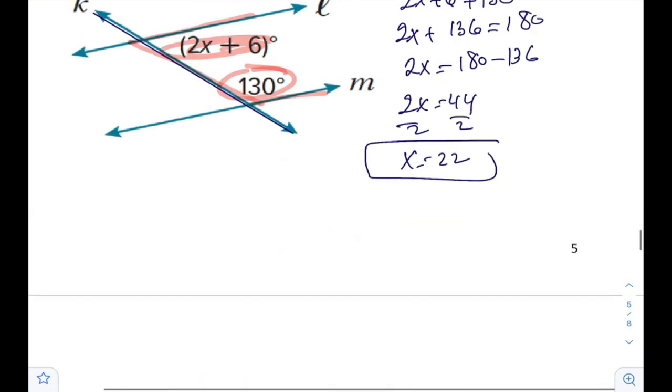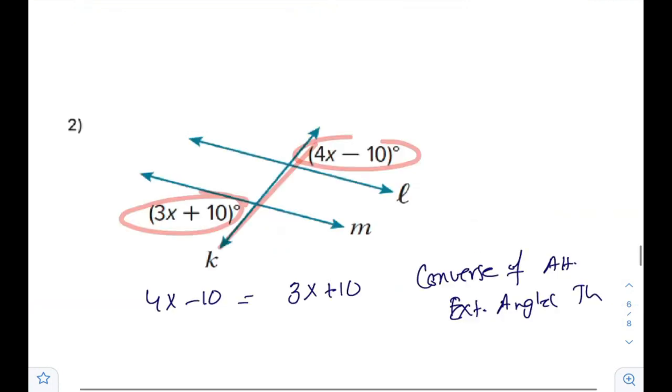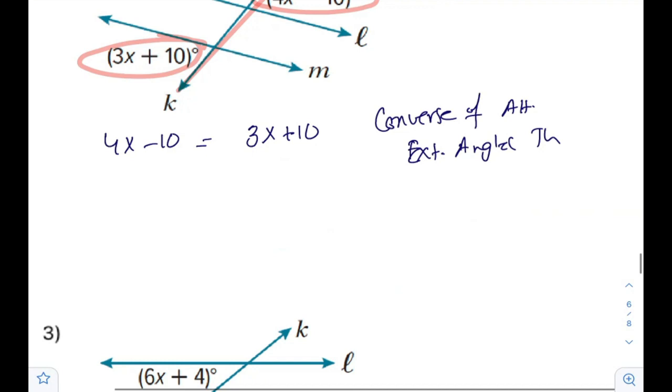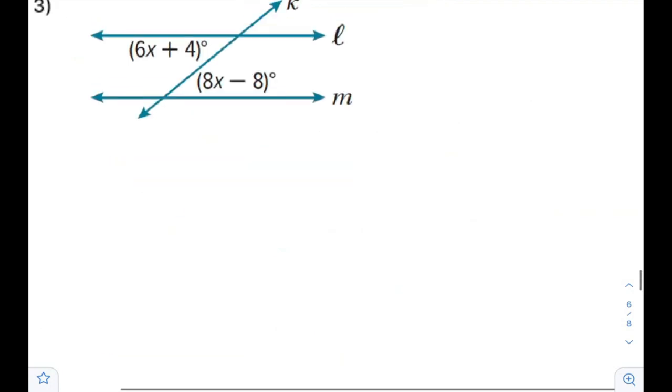For this one, which theorem have we used? Converse of consecutive interior angles theorem. And we will solve 4x minus 3x is 10 plus 10. X is 20. Easy.